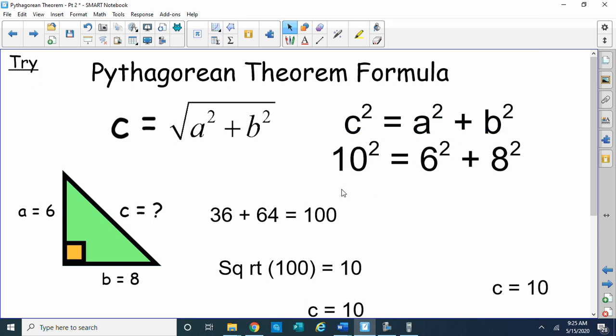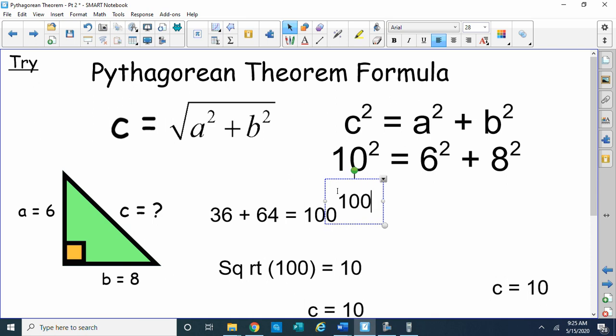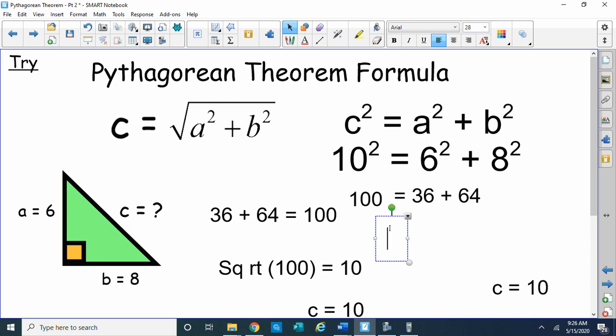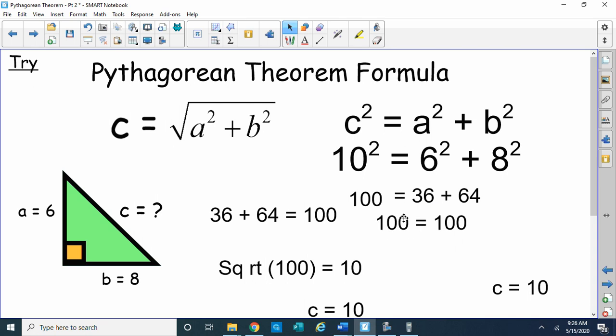So C squared is 100. 10 times 10 is 100, and that's equal to 6 times 6, which is 36, plus 8 times 8, which is 64. So I can use that formula also if I wanted to play around with it and guess which number times itself is equal to a squared plus b squared. And that's definitely going to be 100, equal to 100. So my value of C has got to be 10. So I know this checks out for me.